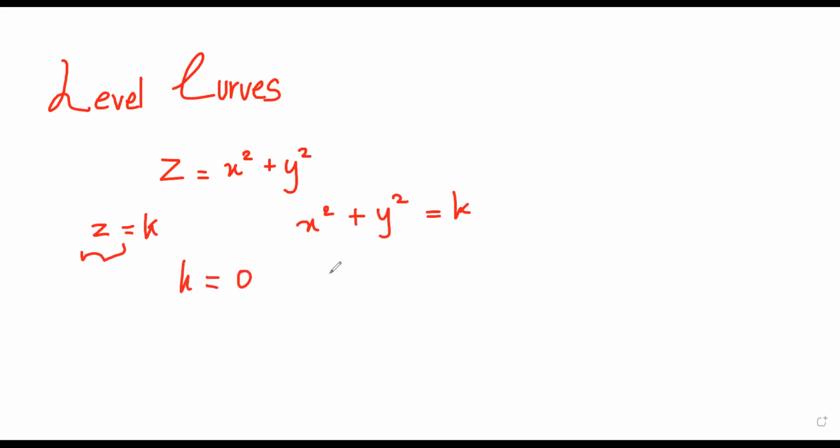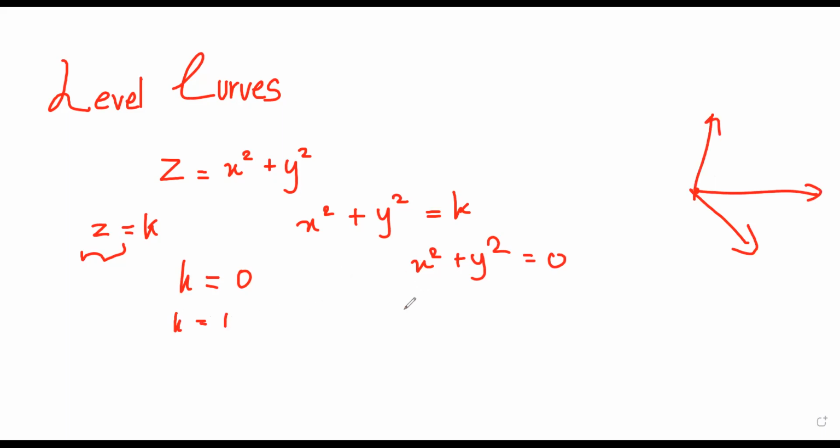So let's mark it for 0. k is equal to 0, which means x squared plus y squared is equal to 0. So it's going to be 0 in that xy plane. It's going to be a dot in that xy plane. Likewise, let's plug the value of 1 in for k. We are going to get x squared plus y squared is equal to 1 rather than z. If we have the value of z, we need to actually consider this axis.